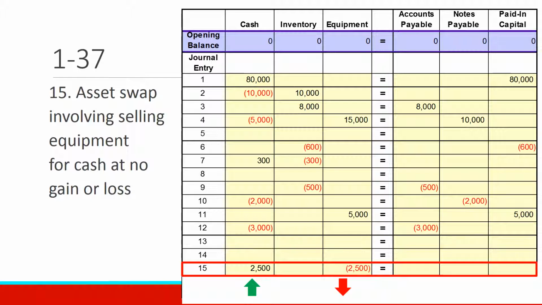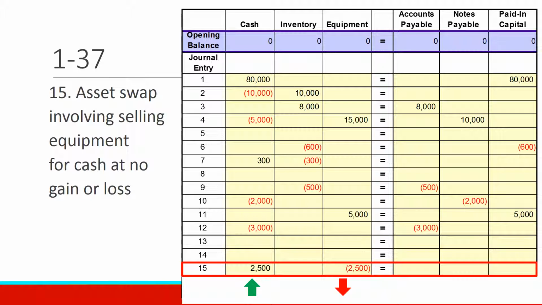And now to go to the last activity, activity 15. It's written in a bit of a complicated fashion, but when you really sift through it, what it ends up saying is that the business is engaging in an asset swap with another business, and so it is going to give up some equipment in exchange for some cash, and that the cash they're being paid is a fair value equal to the value of the equipment on the books.